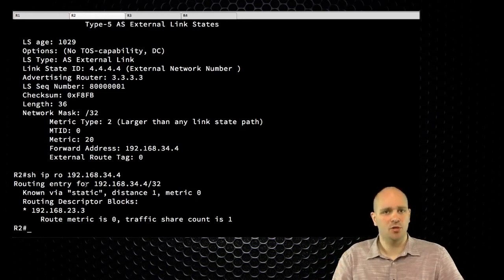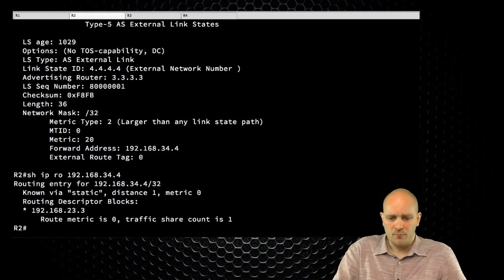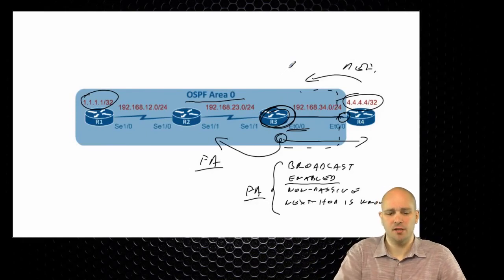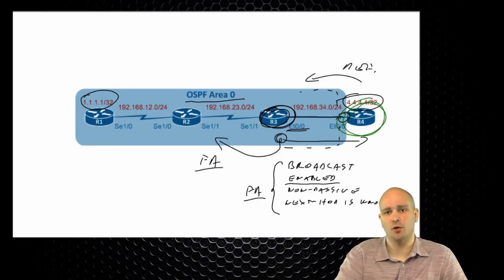Because in the exam, you need to correct the underlying issues without removing any of the configured features. Now, one of the configured features in this situation is the static route on R2 that is causing our problem. So we cannot remove that. What can we change? Well, if we take a look at our diagram here, R4 is not running OSPF.